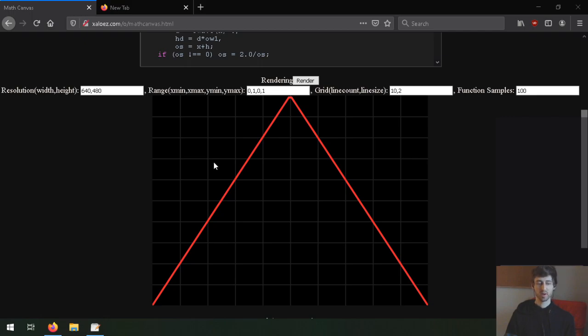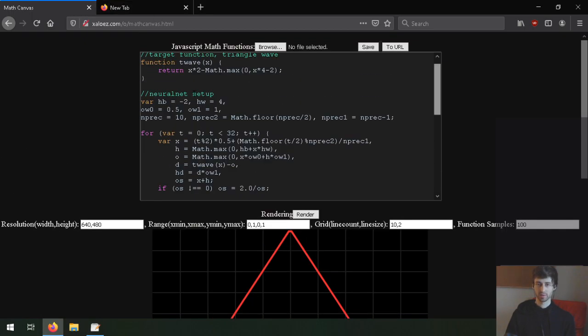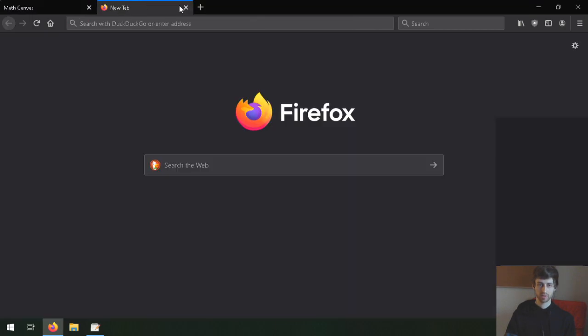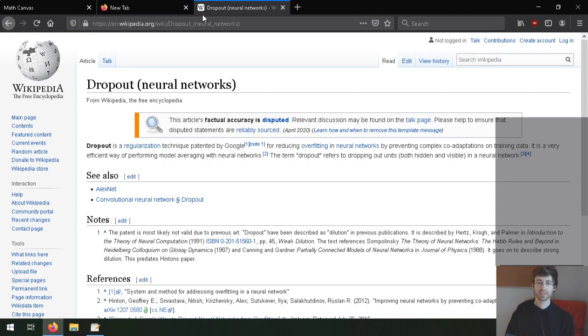So one of the popular ways of sampling neural networks is this thing called dropout. Okay, hold on. Holy shit, it's patented by Google.